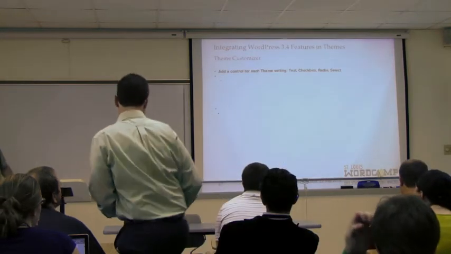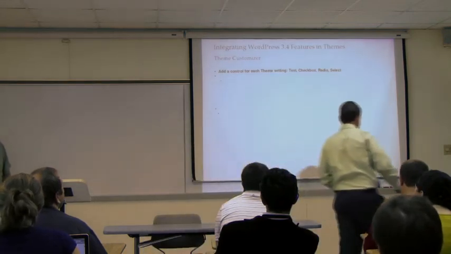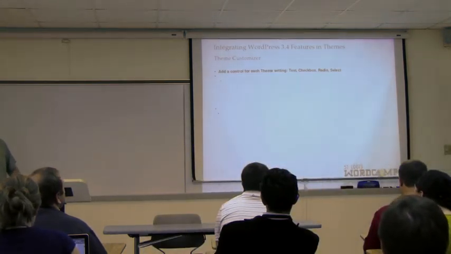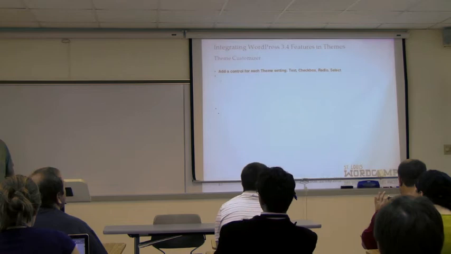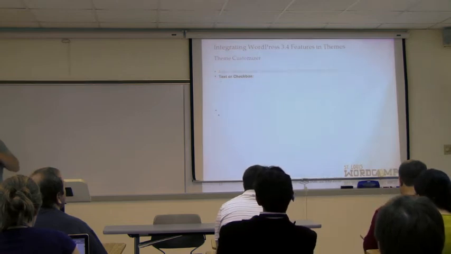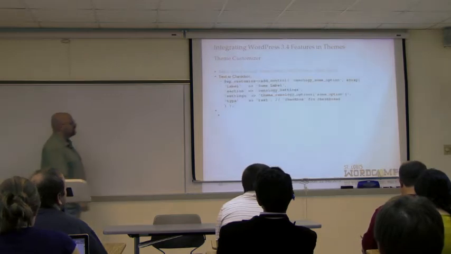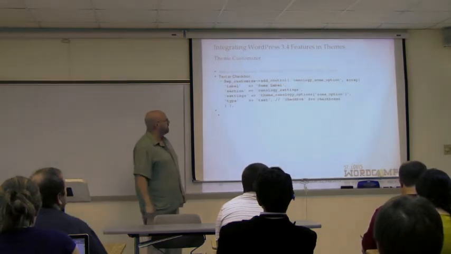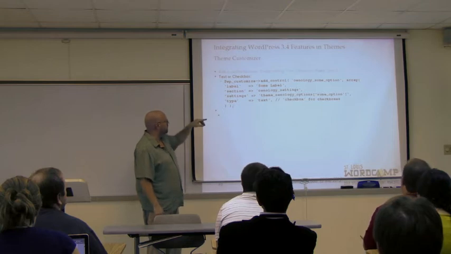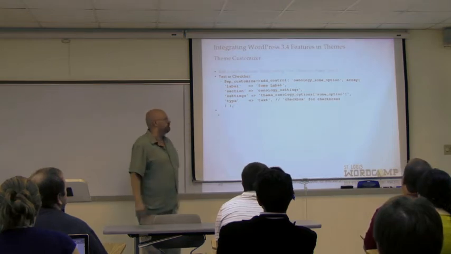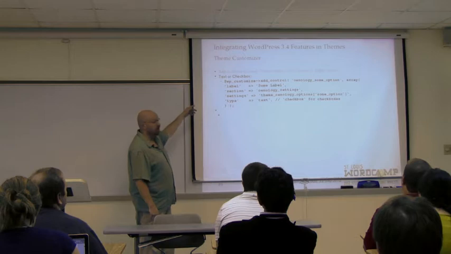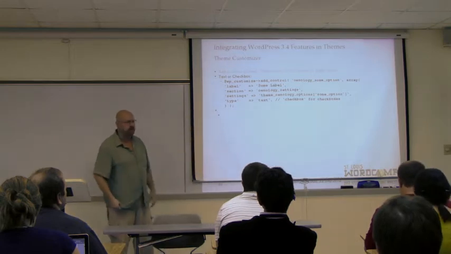Right now, in fact, because once you've added all of your options, you need to add controls for those options to tell WordPress how to display the control. So you've got two classes, a text or checkbox, and also a radio or select. Look at the text or checkbox first. So WP customize add control. You name your control, and you have an array for some values. First one, label, obviously that's the form field label that will appear.